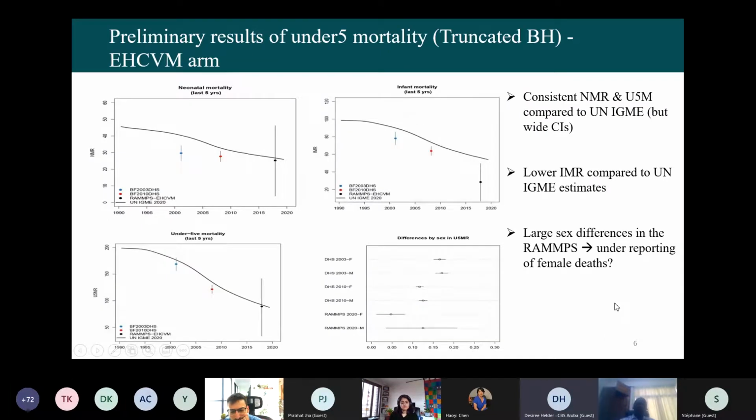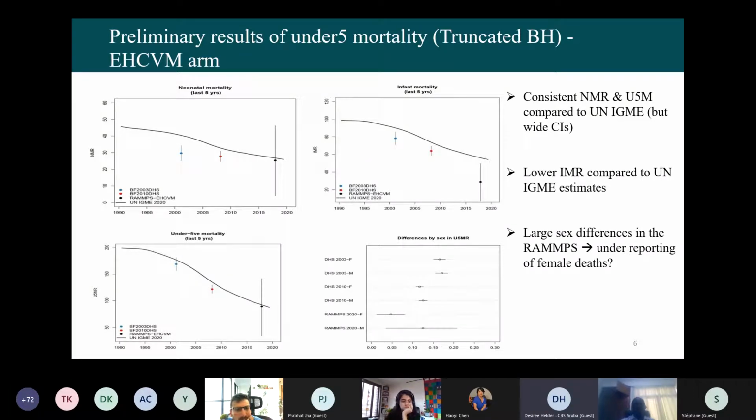Now I'm presenting some estimates of under 5 mortality derived from the project. Here we are presenting estimates of mortality derived from truncated birth histories during the 7 years preceding the date of the survey among women of reproductive age.